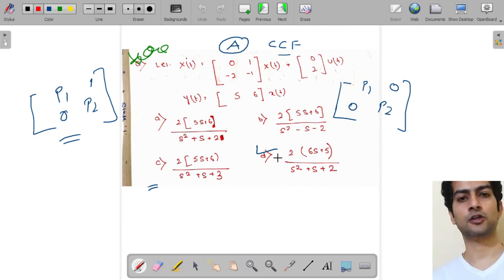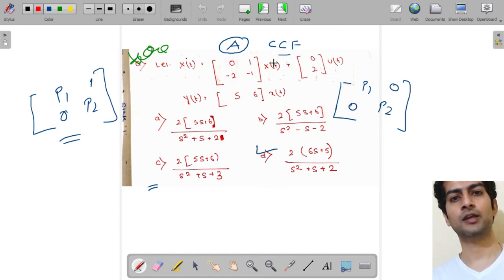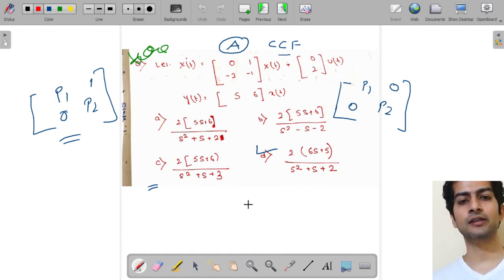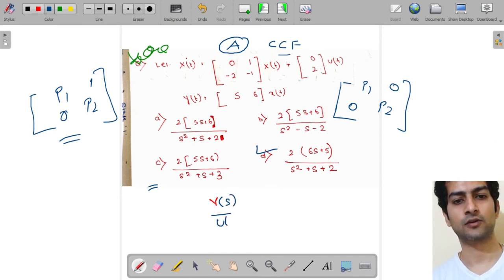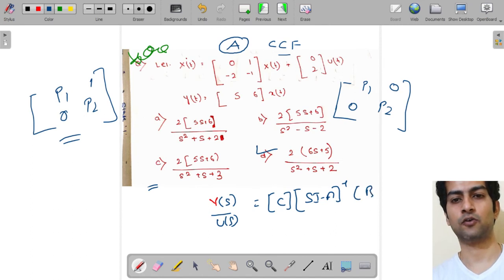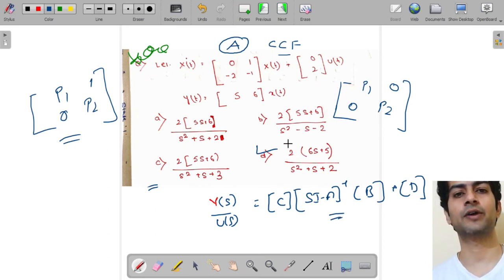So you may say, sir, if we can calculate a transfer function this way, then what is the need of calculating it using this formula, when we have this easy approach, where the system is in CCF form?